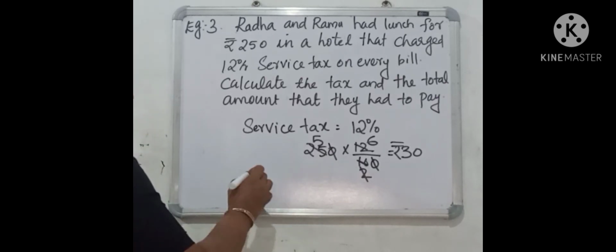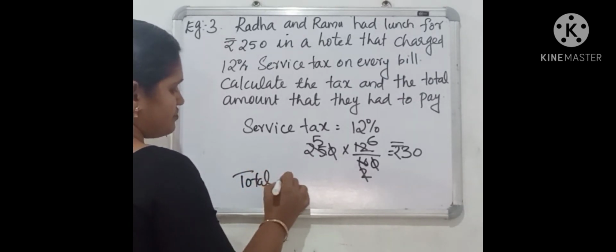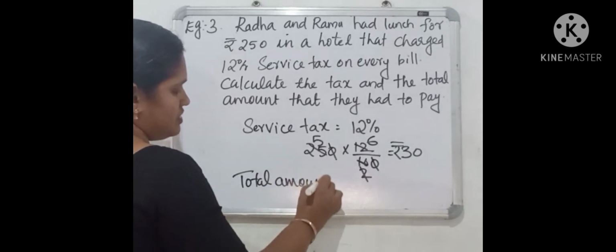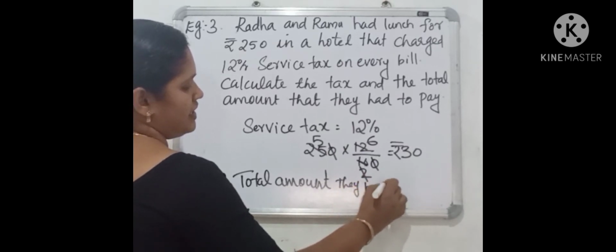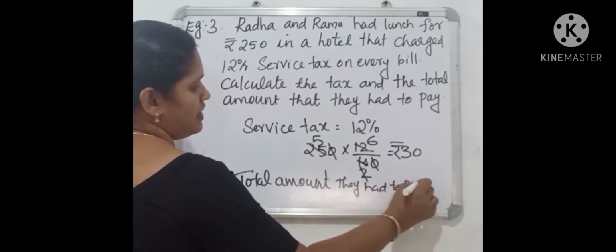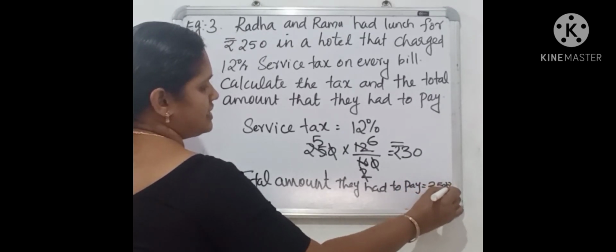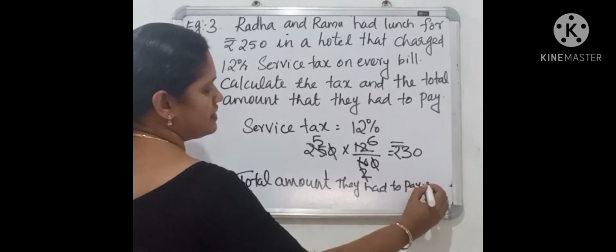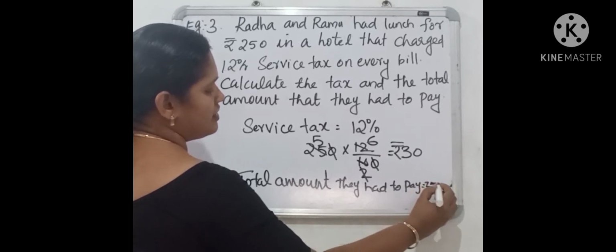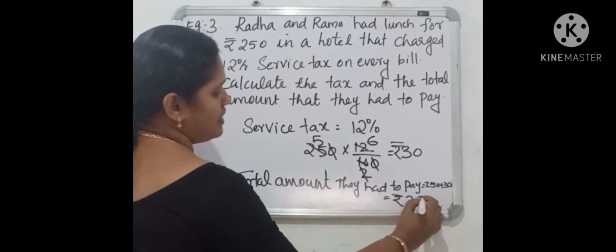The total amount they had to pay equals 250 plus 30, which equals rupees 280.